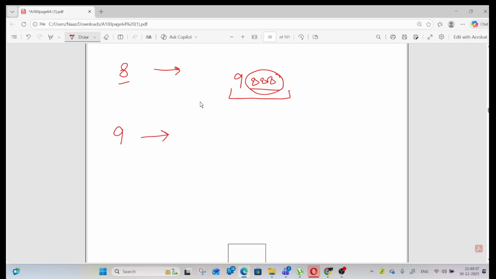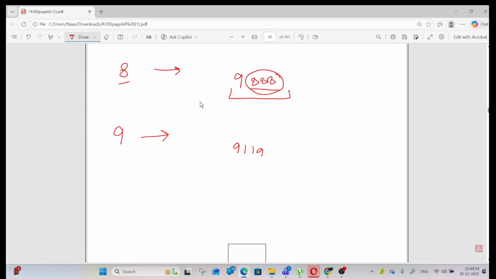For 9, if the sum of the digits is divisible by 9, that number is divisible by 9. For example, suppose we have 9, 1 and 8.